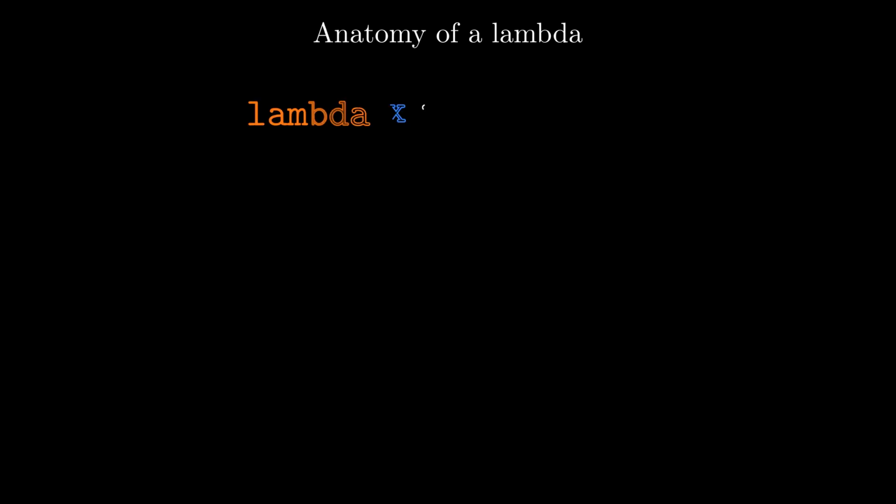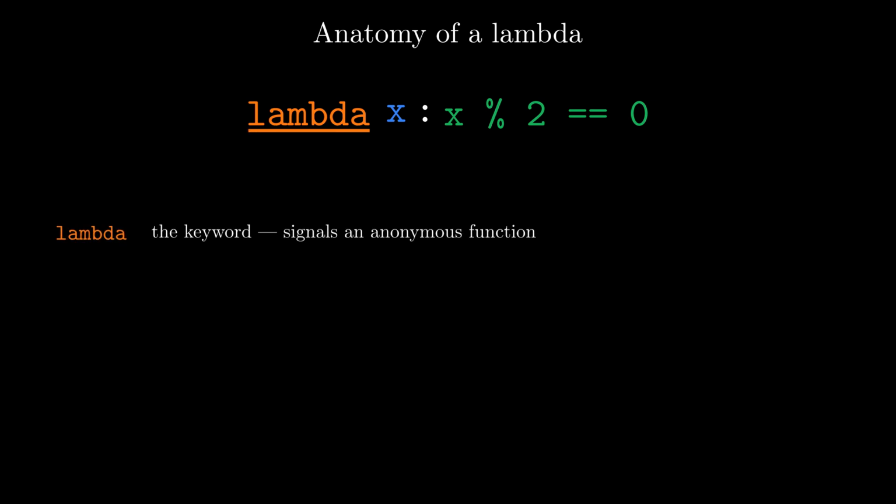Here is that same isEven test written as a lambda: lambda x: x % 2 == 0. Let's break it into its pieces. First, the keyword lambda. It isn't the name of the function. It just signals to Python that we're defining a nameless function inline in one line. Next come the parameters the function expects. Here that's a single parameter, x. If you needed more, you'd separate them with commas.